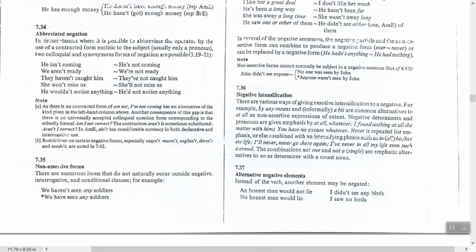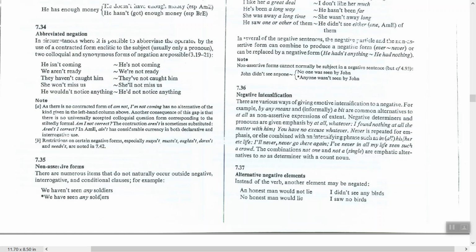It's very easy here. We come to a very important point: non-assertive forms. There are numerous items that do not naturally occur outside negative, interrogative, and conditional clauses.